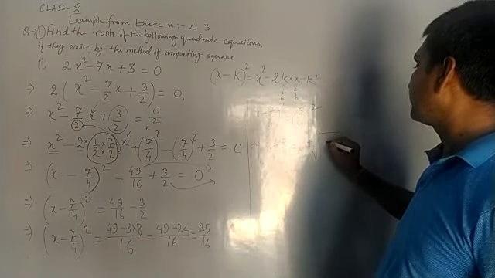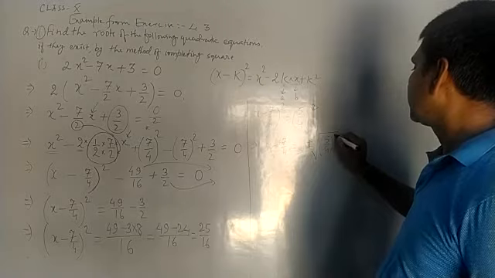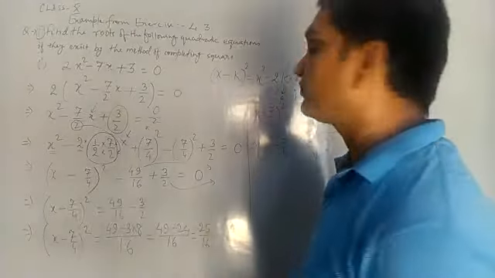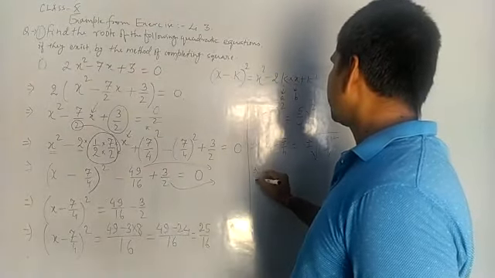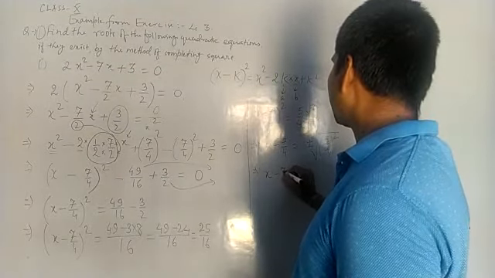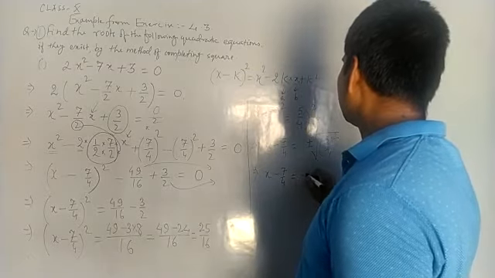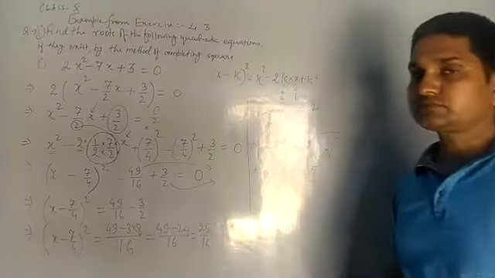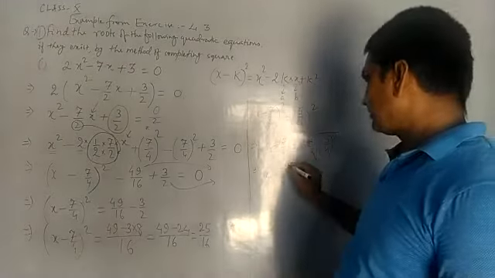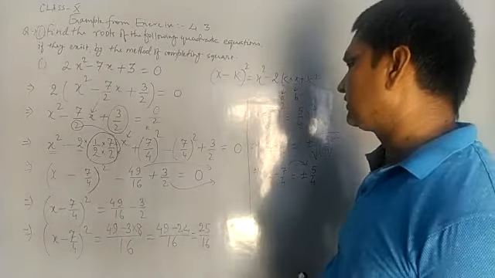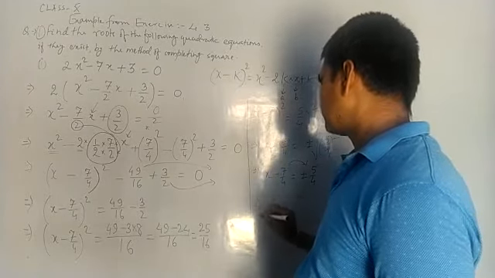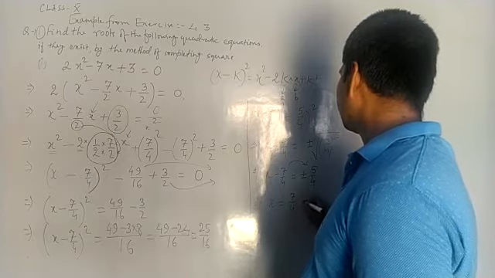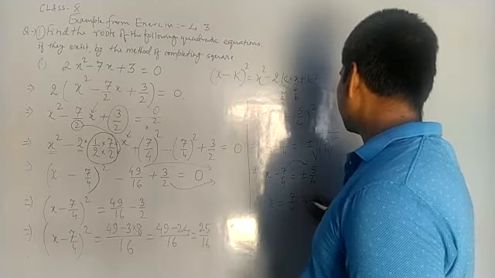So 5 by 4 whole square's root will give you 5 by 4 with positive and negative sign. x minus 7 by 4 is equal to plus minus 5 by 4. And then you transpose this side. So x is equal to 7 by 4 plus minus 5 by 4.